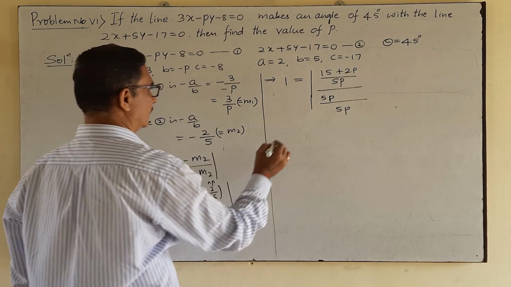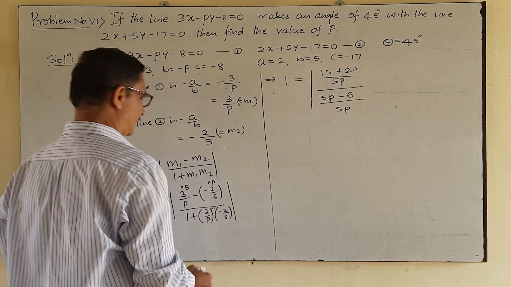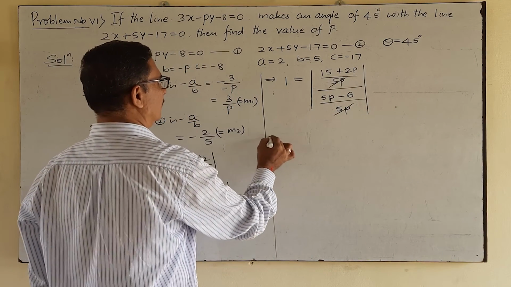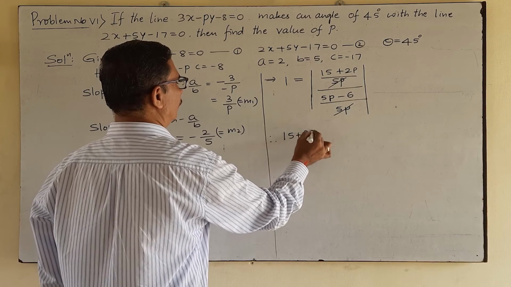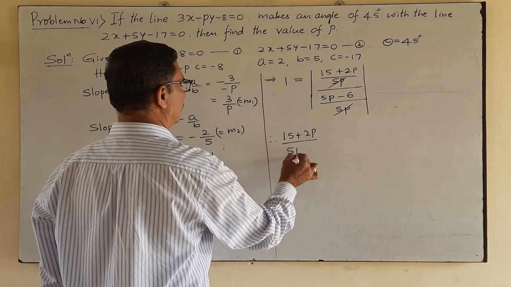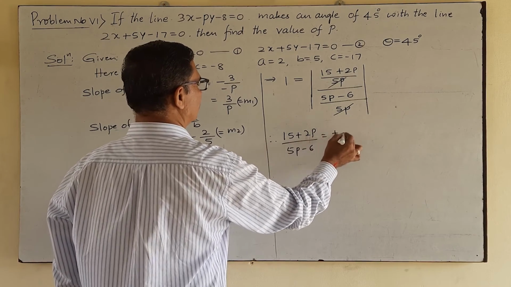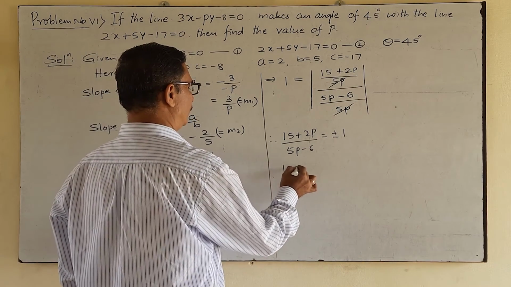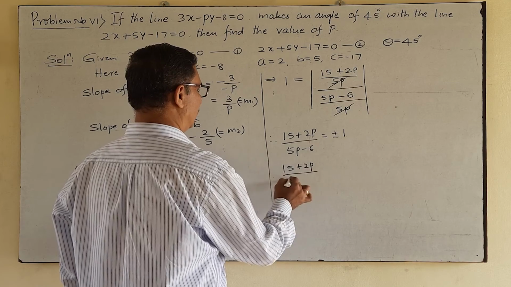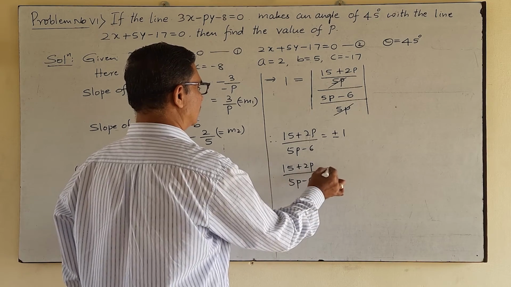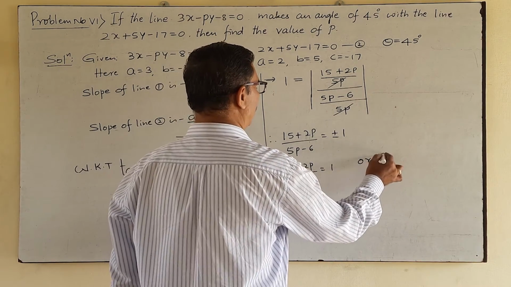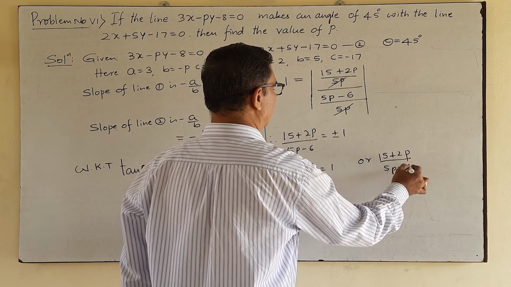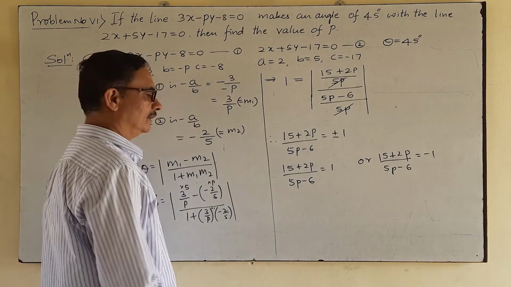Plus into minus, minus 3 twos are 6. Here plus 5p minus 5p cancel. Remove that modulus sign. (15 plus 2p) by (5p minus 6) is equal to plus or minus 1. Now simplify. (15 plus 2p) by (5p minus 6) is equal to plus 1, or (15 plus 2p) by (5p minus 6) is equal to minus 1.